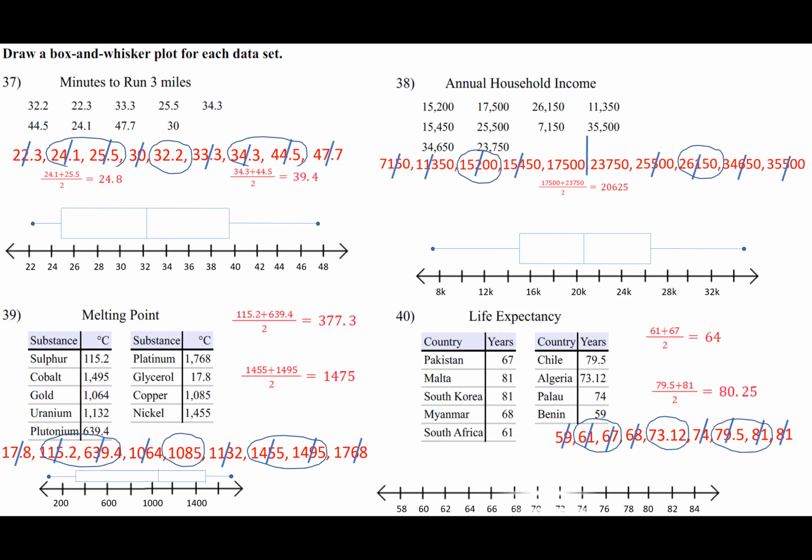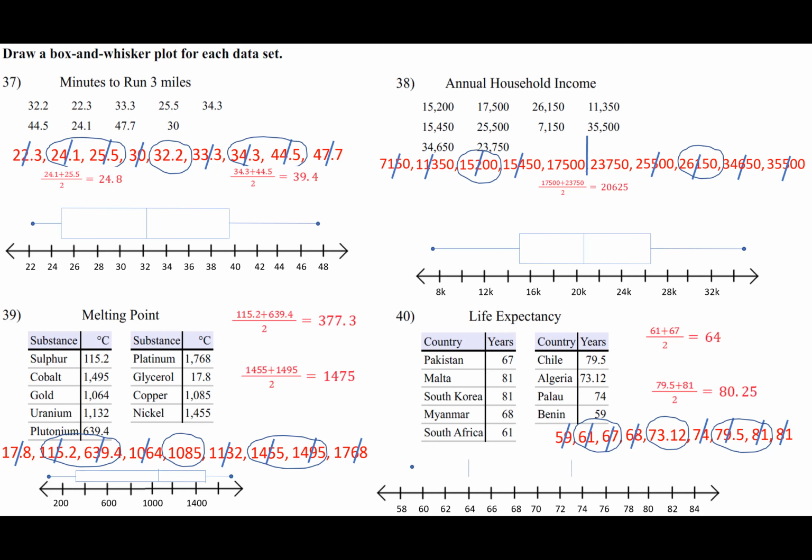Let me do a number line. Notice that each space I'm going by 2s. My smallest number is 59. We represent that as a dot. My lower quartile is 64, so I may represent that with a line. My median is 73.12, so it's about here.